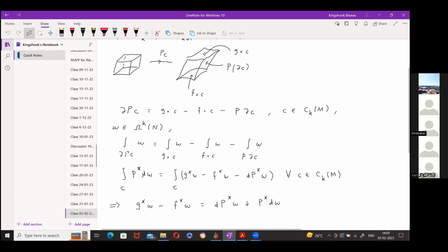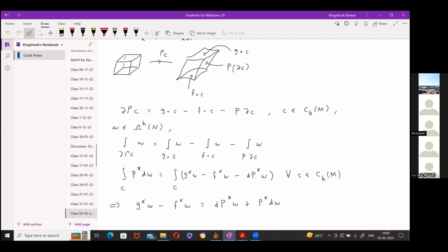Okay. So the left-hand side becomes the integral of P star d omega over C. And the right-hand side, this integral of omega over G composed C, right? This is the same as the integral of G star omega over C, right? Yes, okay. Because this is the integral over the unit cube in R^k of the pullback of omega by G composed C, and that is the same as the pullback by C of G star omega, right?